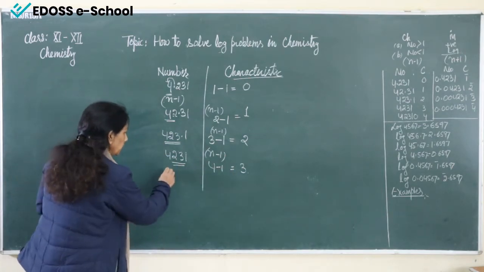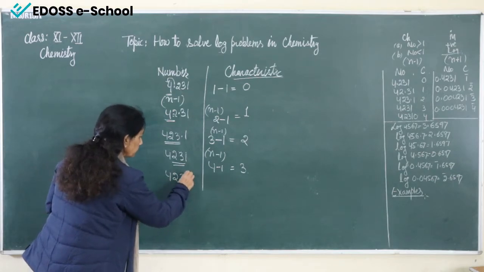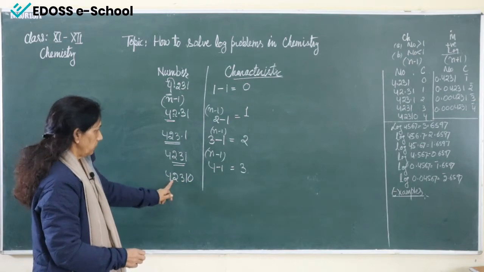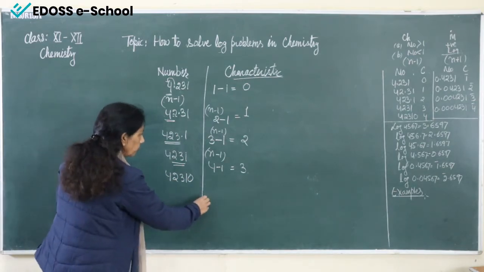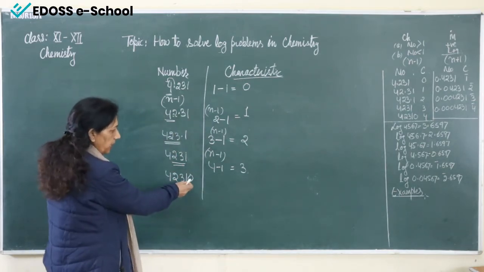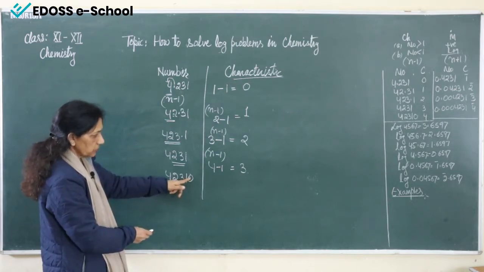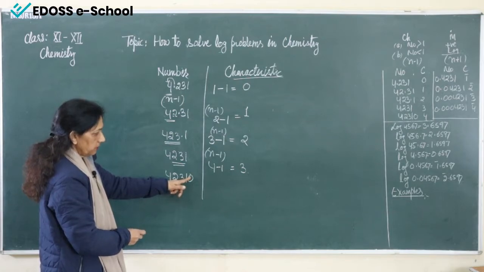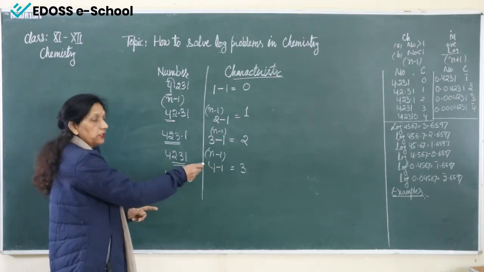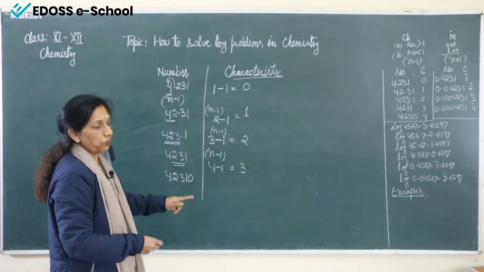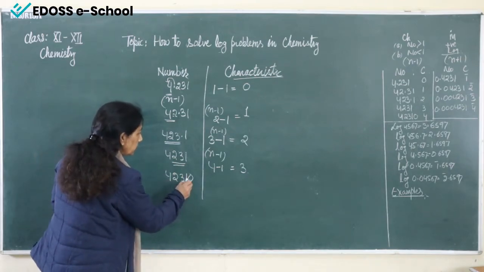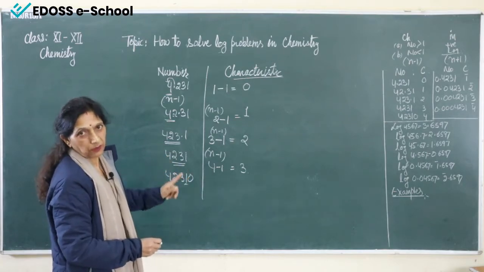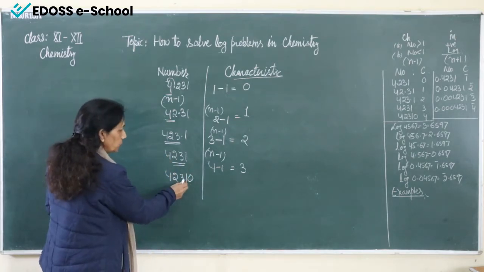Now if the same number is like this, one more number is added here. So how will we find the characteristic now? We will add this 0 also. This is also a significant number, because if the 0 is coming in the middle between significant numbers, then that 0 is also a significant number. So 1, 2, 3, 4 and 5.